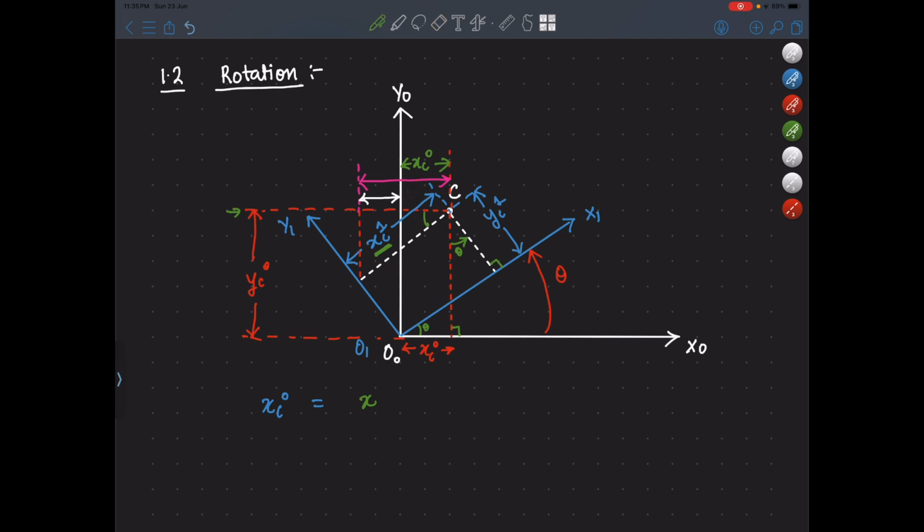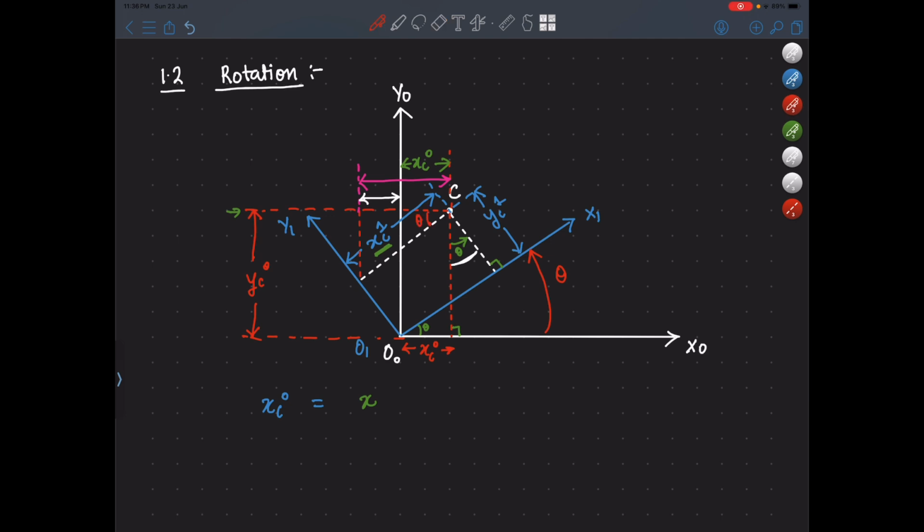It turns out that because this is 90 degree, and this is also 90 degree, if this is theta, this will be 90 minus theta, which means this angle is also theta only.